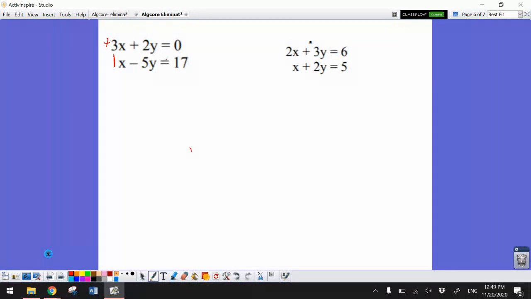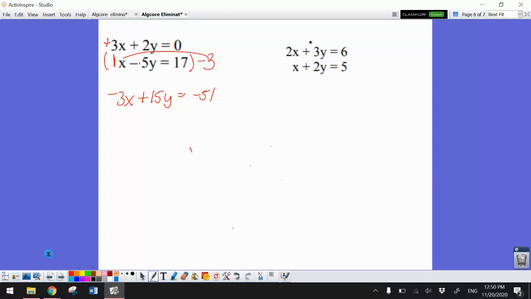So what if I multiplied this by a -3? Would that actually create my additive inverse? Well, let's see. So let's distribute. I have a -3x, a positive 15y, and 17 times -3 is a -51.